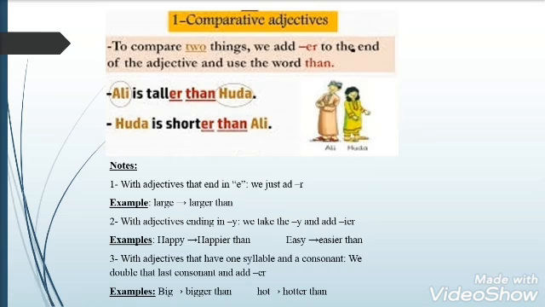I is a vowel and then G is a consonant. I bring the last letter which is a consonant and double it and then add ER, so it's going to be bigger than. I doubled the G, the last letter.